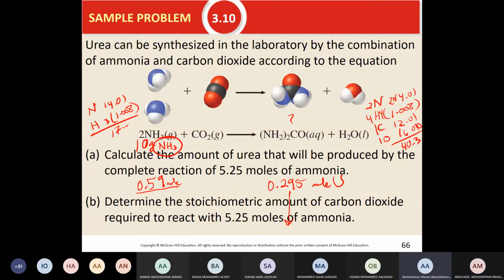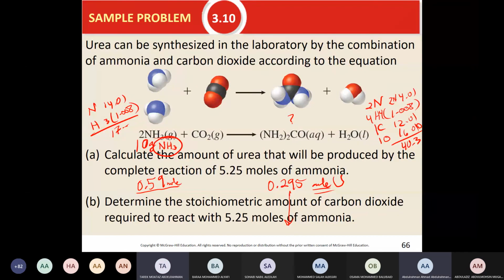Now change mole to gram. Can you change it? Yes. Multiply by 0.295. Exactly.